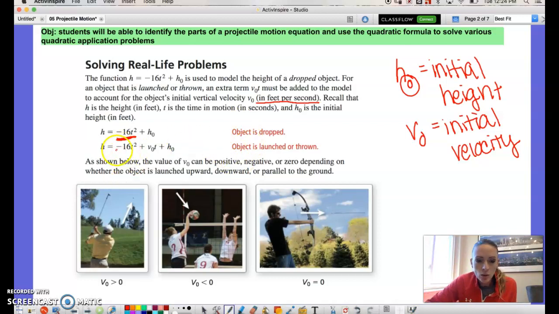For the other option, we have this v naught times t, and that's the middle part of our quadratic, and that's what adds the velocity of the force going downwards or upwards. Obviously we'd have a negative force here, and a positive force here. Take any of those notes and pause me as you need to.